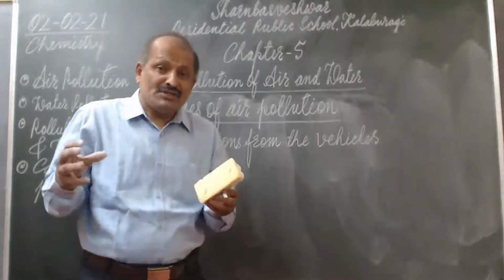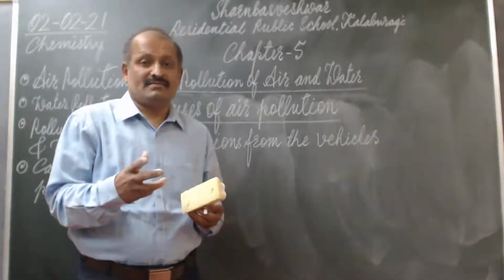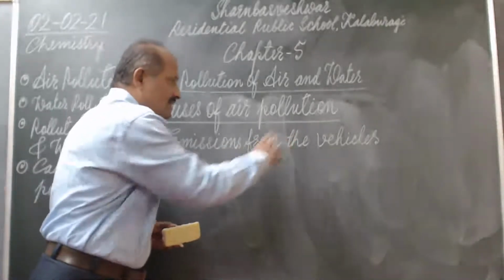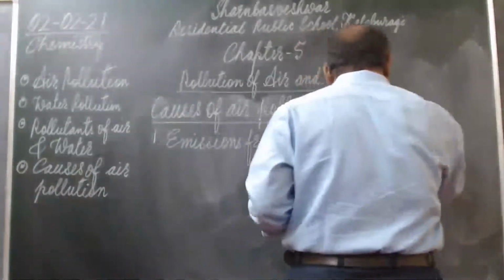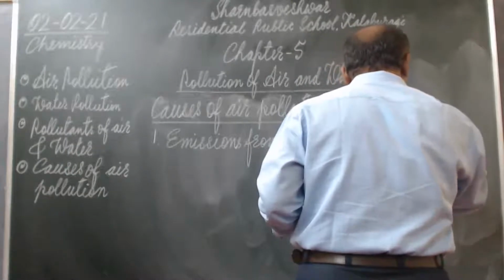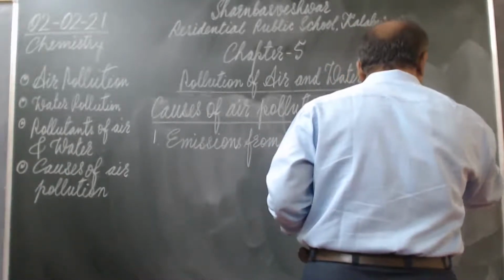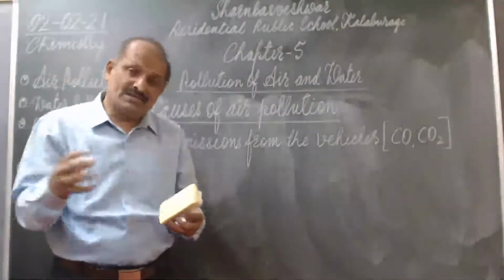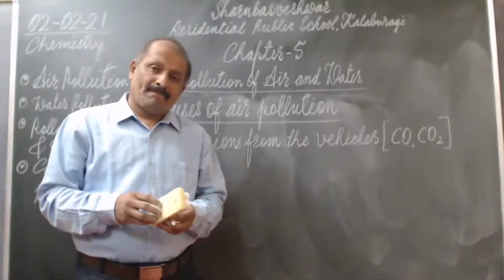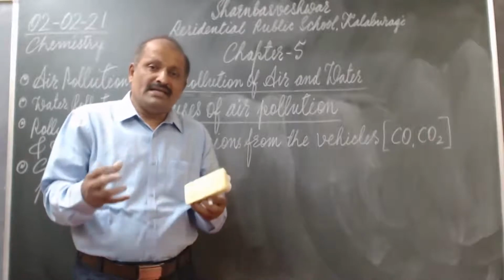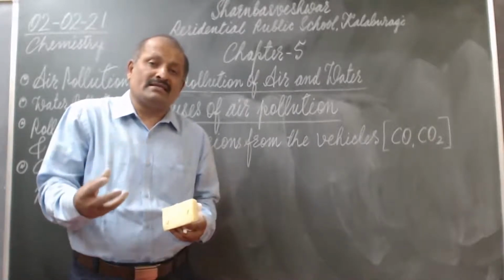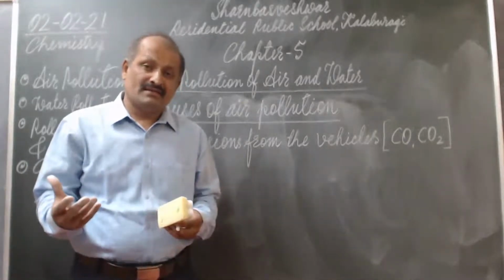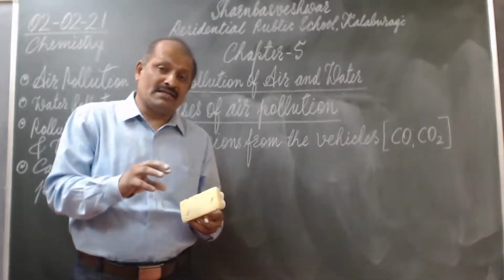So the second cause for air pollution is the emissions from the industries. See, from the vehicles, we possibly see only carbon monoxide, carbon dioxide, something, right? But emissions from the industries contain very severe toxic gases like sulfur dioxide, sulfur trioxide, nitrogen dioxide.